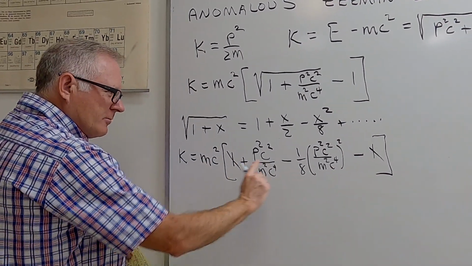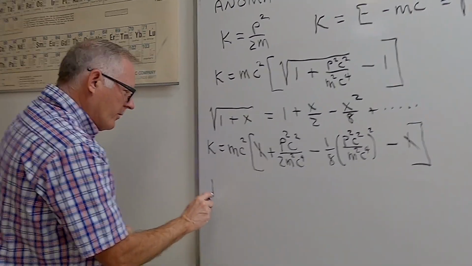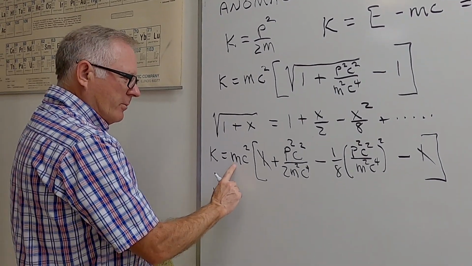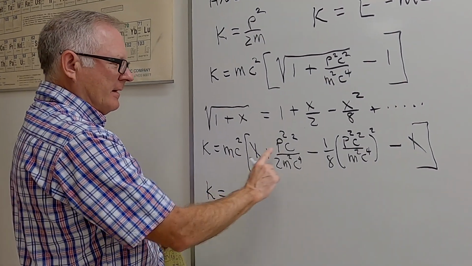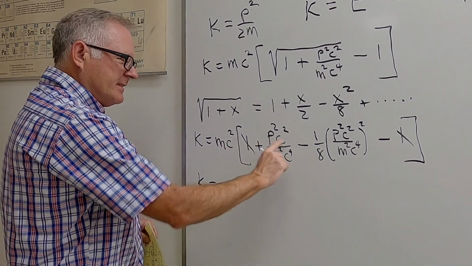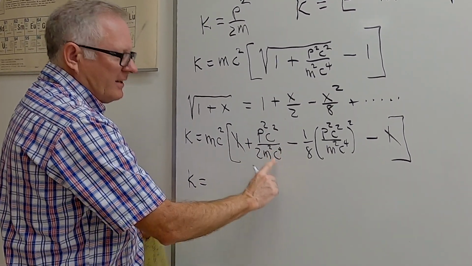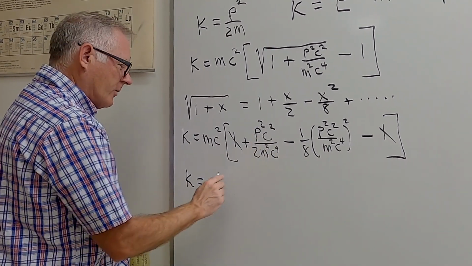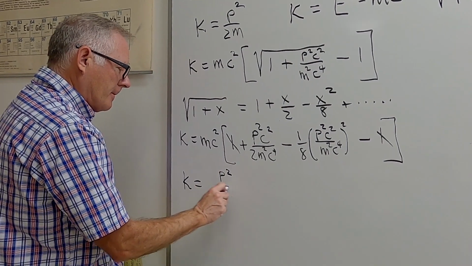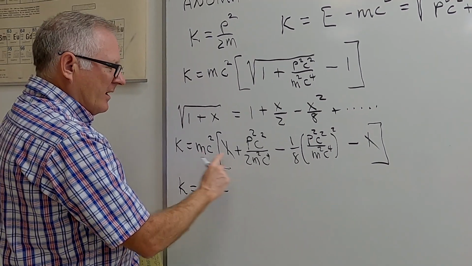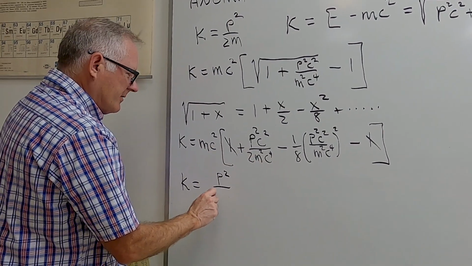And now if I just multiply this back through, we get K is equal to... well, when I multiply this times this right here, the c to the fourth over c to the fourth is gone. We get p squared all over 2, and then you've got m and an m squared, so that's 2m.